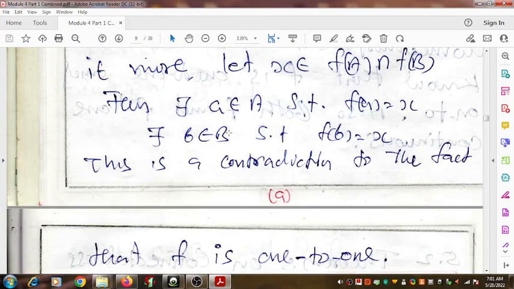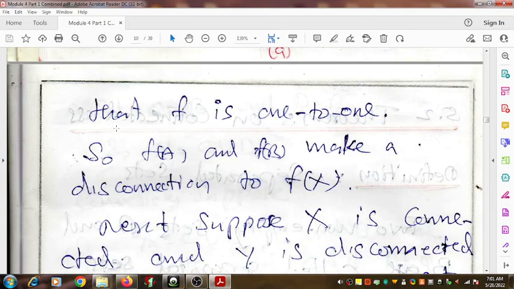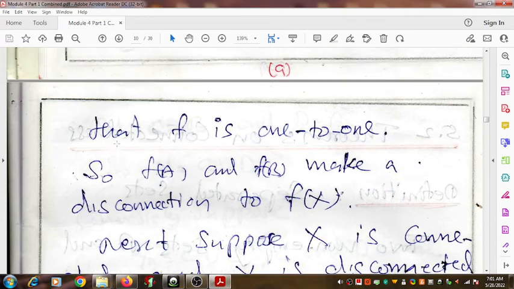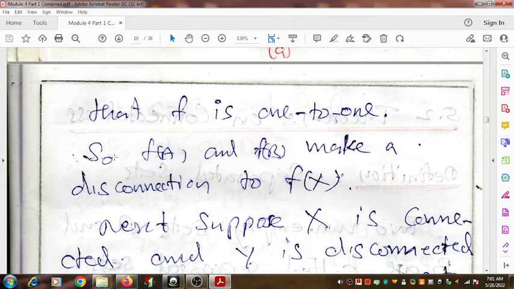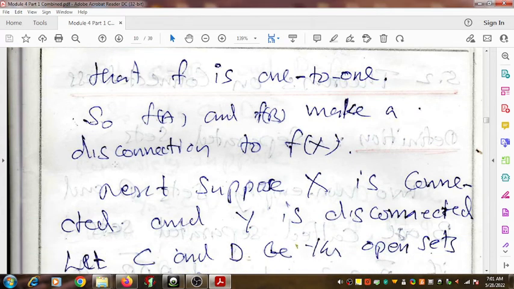And thus it is now clear that f(A) and f(B) are two subsets of Y, and they satisfy all the requirements of a disconnection. Thus f(A) and f(B) make a disconnection for the space f(X).